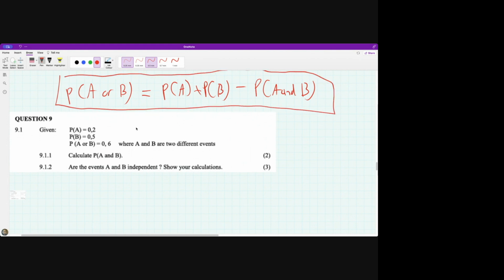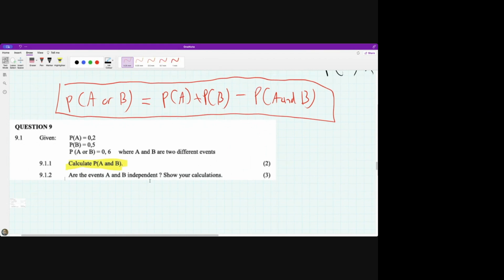Now, I want you to first work out, given what they've given you here, the probability of A and B. I'm giving you a bit of a hint by giving you that formula above, but can you connect these two worlds? See if you can do it.